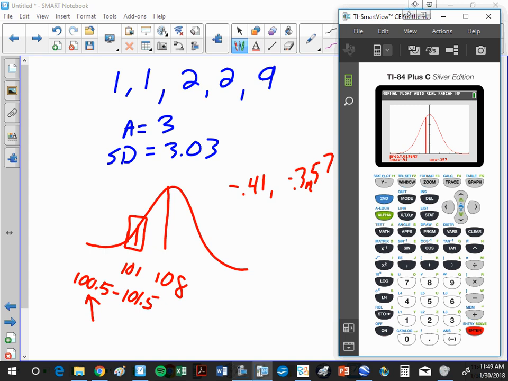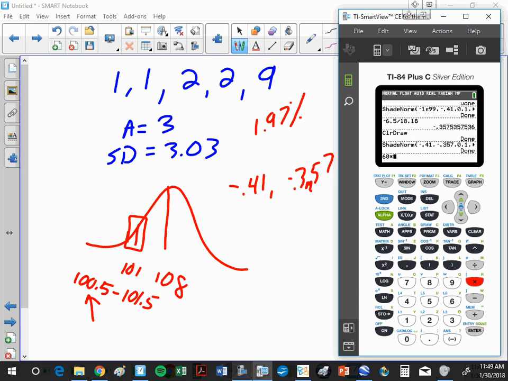So good. So 1.97% of 60. So 60 times 1.97. Oops, sorry. 60 times 0.0197. So how many people are expected to get 101?